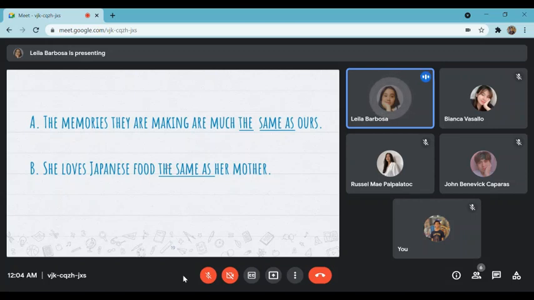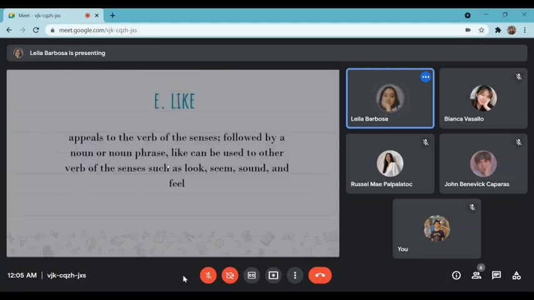Unlike the first comparative forms that we use, where the other is in a higher or in a positive or in a negative way. So the things being compared here are happening exactly the same. So is that clear? Yes, ma'am.